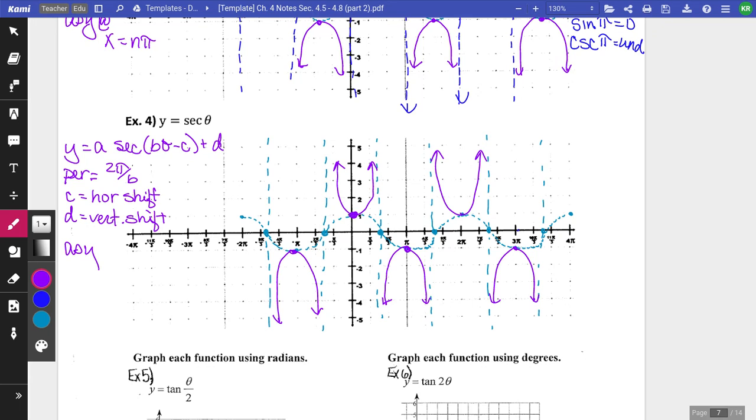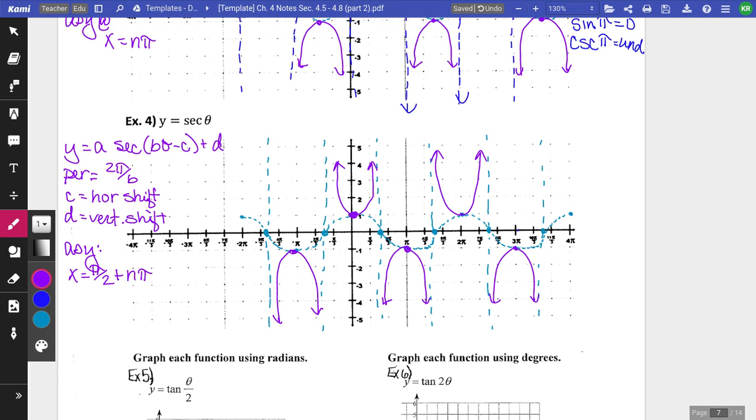And to find your asymptotes, you are going to do x equals pi over 2 plus n pi. So pi over 2 plus 1 pi, at 1.5 pi, you have an asymptote. Pi over 2 plus 2 pi, at 2.5 pi, you have an asymptote.